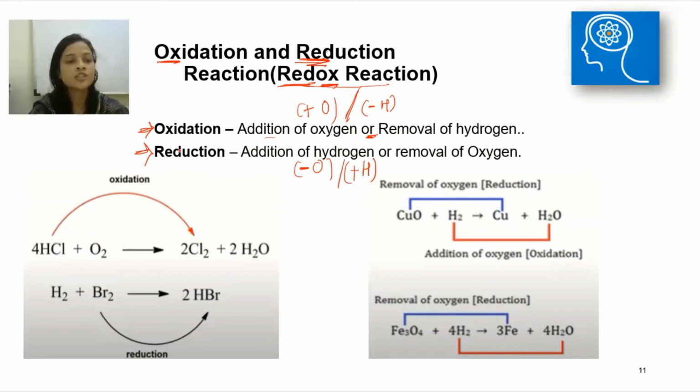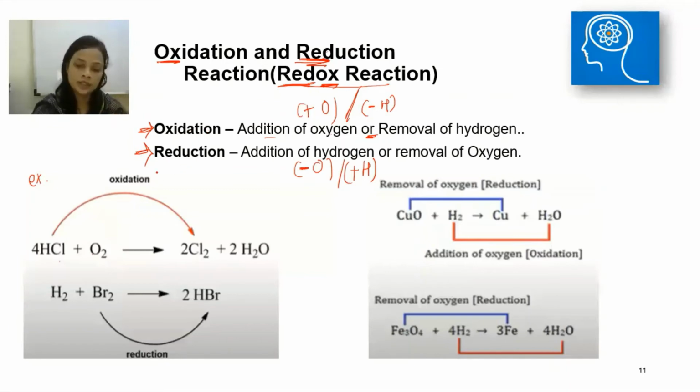In the examination, the question may ask: define the oxidation reaction, define the reduction reaction, or what is the redox reaction? What are the examples of the redox reaction? Why is it known as redox reaction? Such types of questions may be asked in the exam. First of all, we'll see the examples of oxidation reaction and reduction reaction separately.